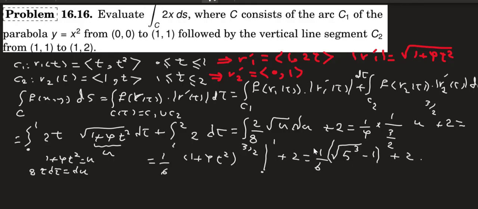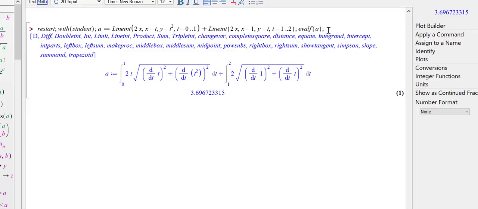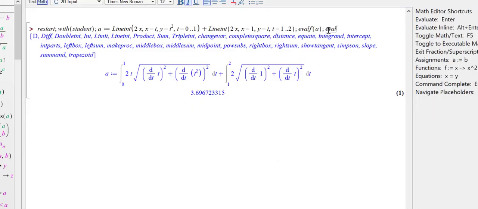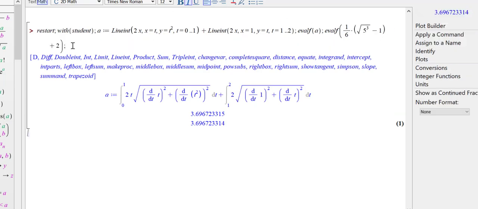And if we evaluate what we get by hand, 1 over 6, this radical plus 2, I want to check whether our answer is the same. So again I eval 1 over 6 multiplied by radical 5 to the power 3 minus 1 plus 2, now we run, and we see that we have the same answer as before.